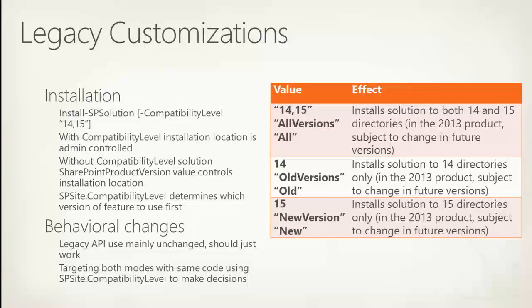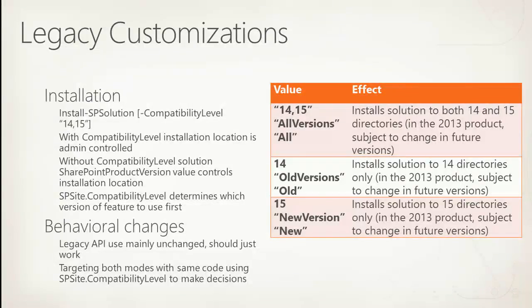If, however, you don't specify any compatibility level on the Install-SPSolution command, it will analyze the solution's manifest and make the best choice it can based on the information available. That information is the SharePoint product version value that's inside the manifest of the solution. If it doesn't have a value, or if the value is 12 or 14, then it will not install it into the 15 directory.